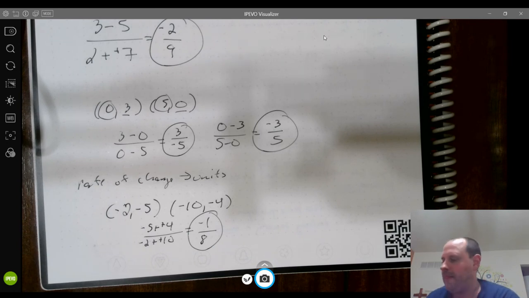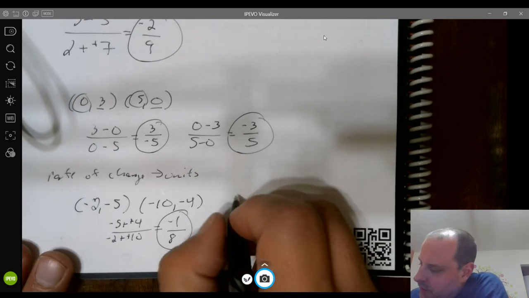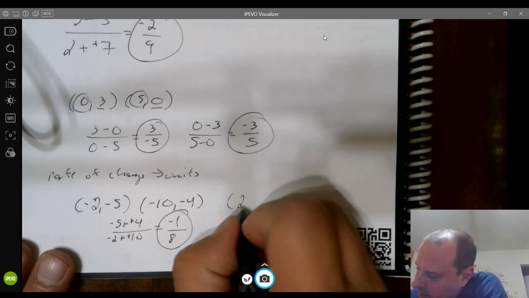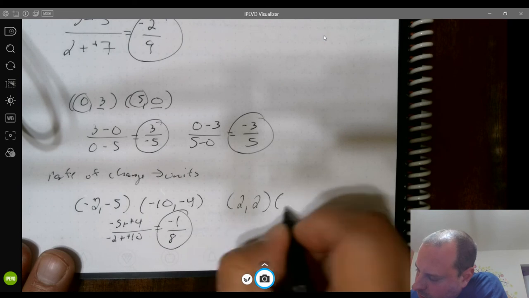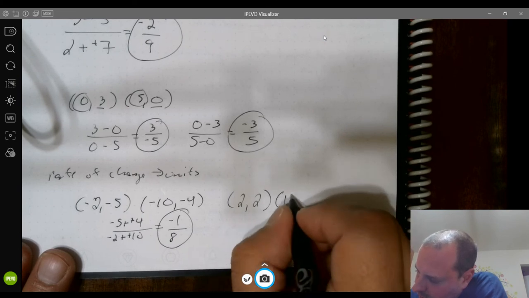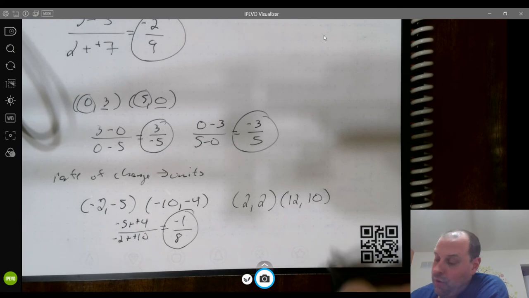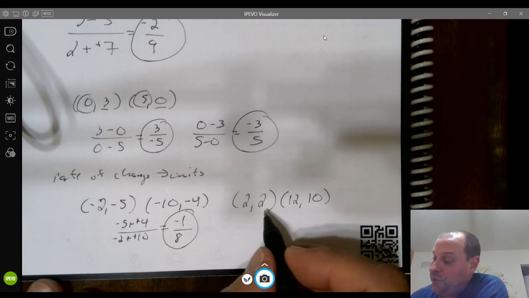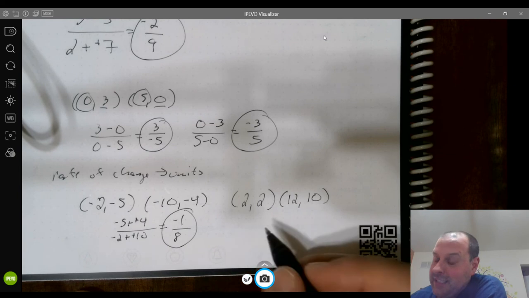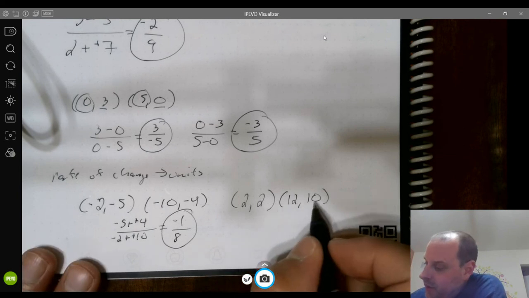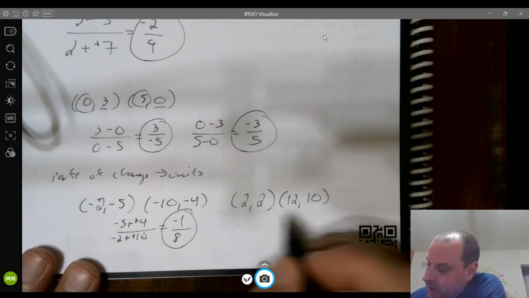Okay? One more I'm going to do just to get one where we can simplify. Let's say I have (2, 2) and (12, 10). So with these also, be careful. The 2 and 2 are both the same, y and x obviously, but this one I'm going to go right to left, doesn't matter.